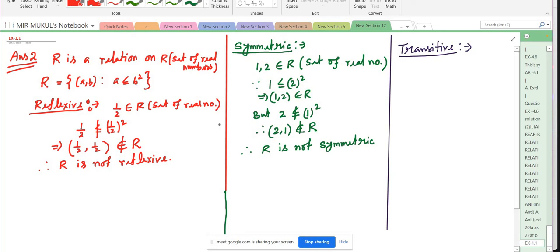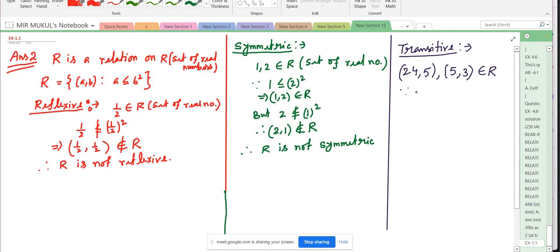Yes, sir. And 5 is less than or equal to 3 square? I'm choosing 24 comma 5 and 5 comma 3 belong to R. Why?